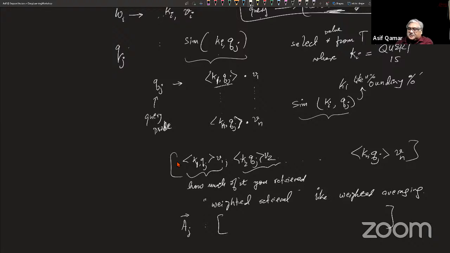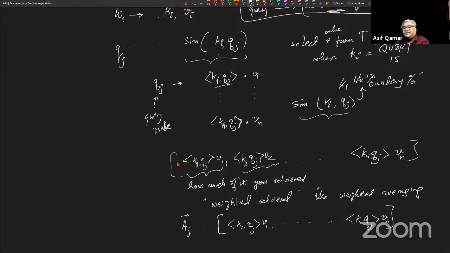The amount that it has retrieved, which is a weightage, each of the values weighted by the similarity to the query, is basically your attention vector: k1 qj and so on. Now, why is it called the attention vector? We will just change our way of thinking about retrieving some amount from the database. We'll put a small twist on it: kn qj times v.